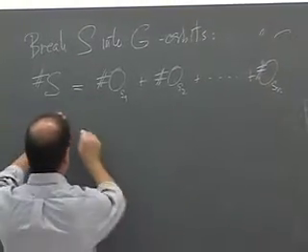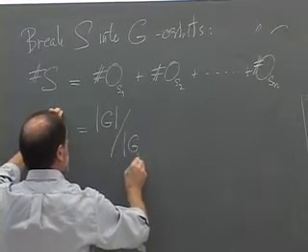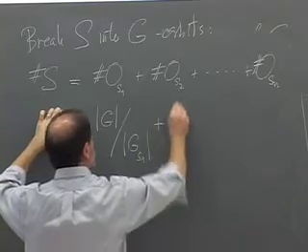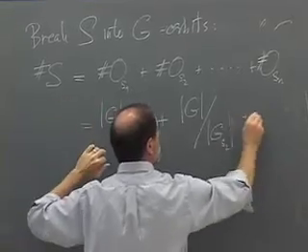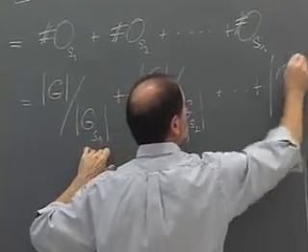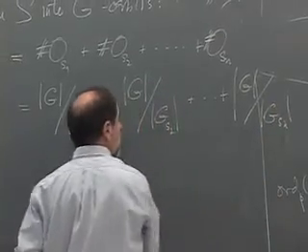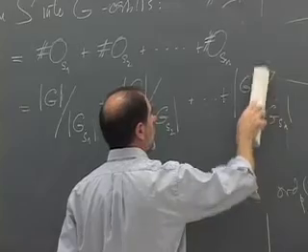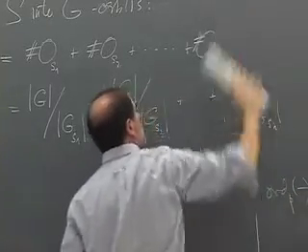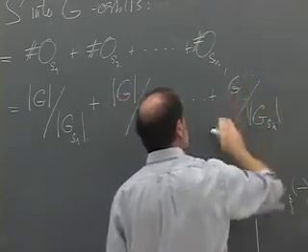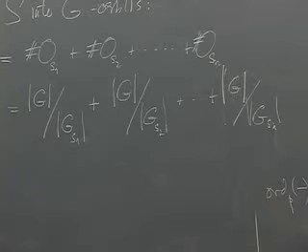So the first orbit has size the order of G divided by the stabilizer of S1. And the second orbit has size the order of G divided by the stabilizer of S2, down to the order of G divided by the stabilizer of Sn. So that we've been doing in general for group actions on sets. It's a finite set. We break it into orbits. On each orbit, the group acts transitively, so the size of the orbit is G modulo the stabilizer, because the transitive action is modeled on the action of cosets of the stabilizer.